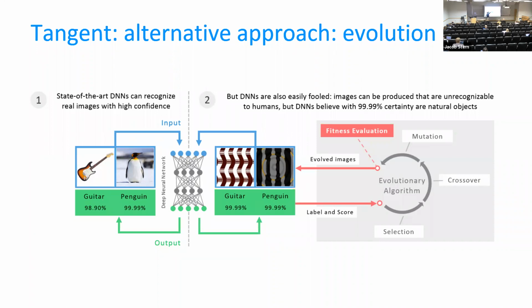For example, we have this wavy lines pattern that was able to convince the network that it was a guitar. And we have this bullseye with vertical lines pattern that convinced the neural network that it was a penguin. So in this case, the adversarial perturbation was designed by an evolutionary algorithm.